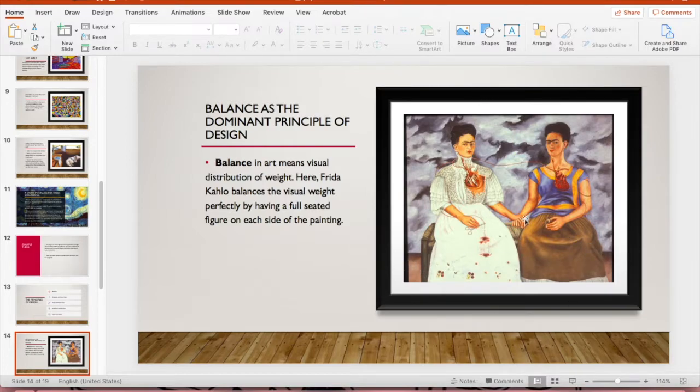The figures are very vertical, and because they're so evenly weighted, everything in this painting is balanced very well, okay? So if you're explaining the balance here, you would say that Frida Kahlo is balancing the visual weight extremely evenly by having two figures of the exact same size, okay?